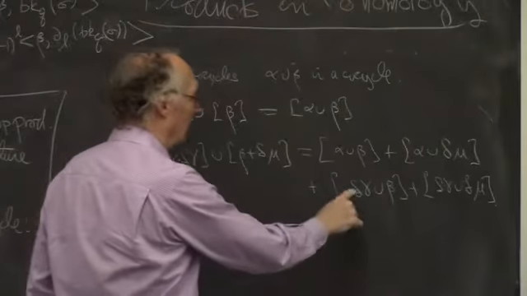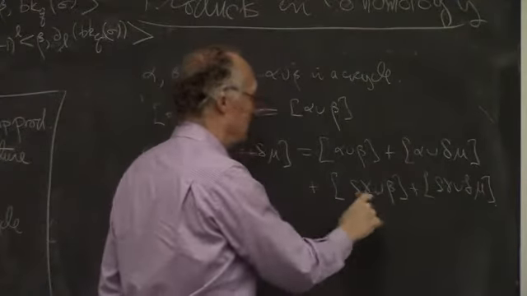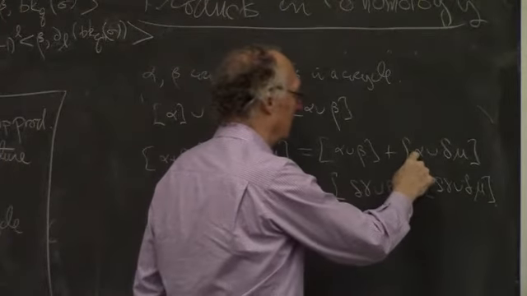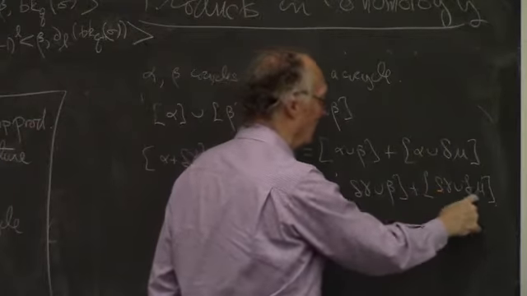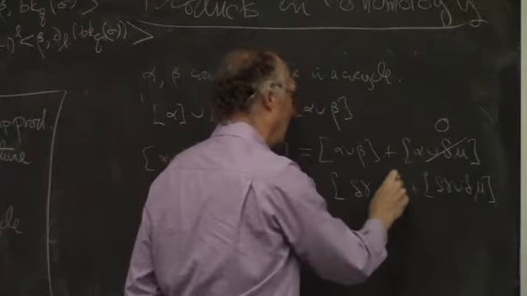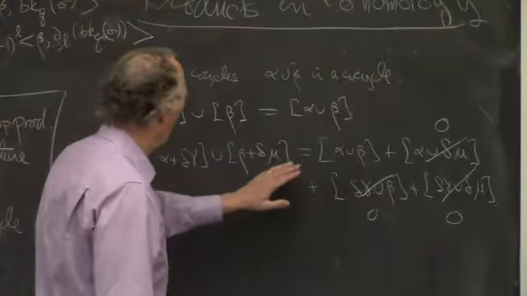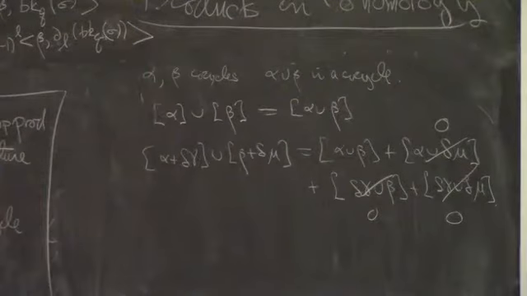And these are all of the form cocycle cup coboundary, cocycle cup coboundary, coboundary cup coboundary. So these are all 0 in cohomology. And therefore the cup product is well defined in cohomology.